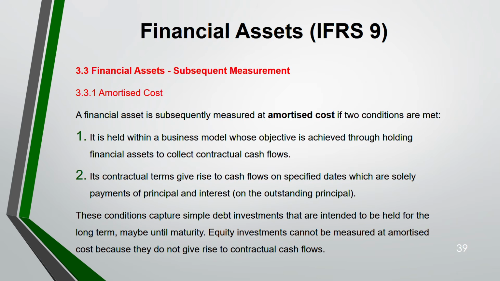Also one more condition: you have to keep your debt instruments for the long term until maturity. Then it is amortized cost. That means you have to keep your financial asset till the end. If you're giving a debt investment for 5 years, you have to hold it for 5 years, and you are receiving principal and interest for those 5 years on that amount.